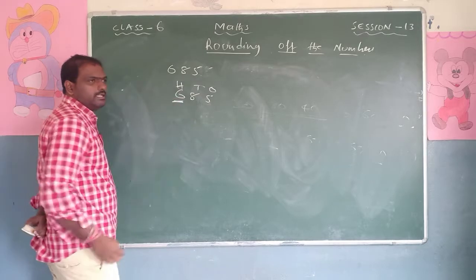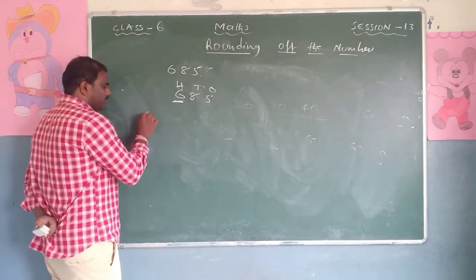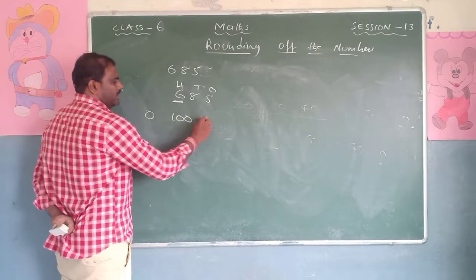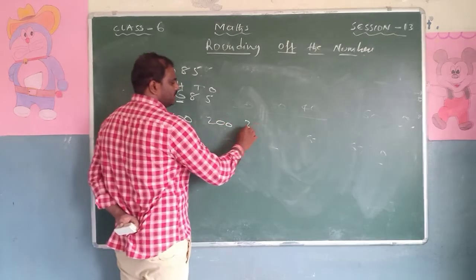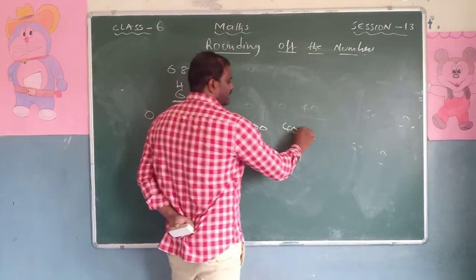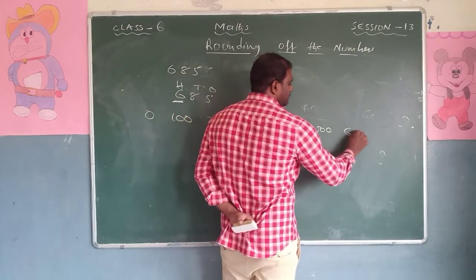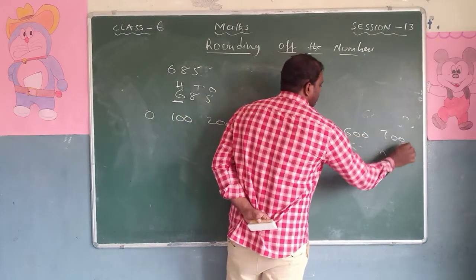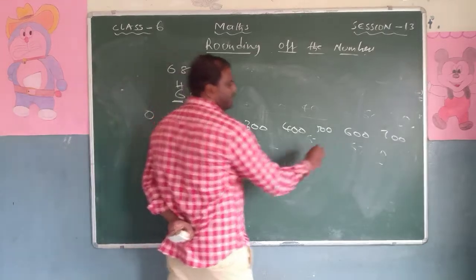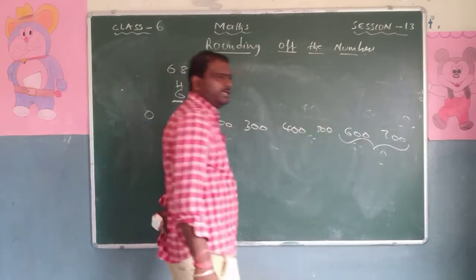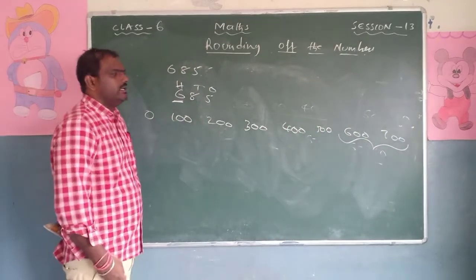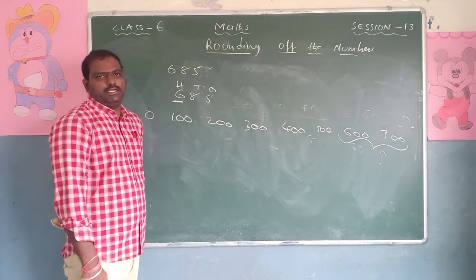How many hundreds are there? 6 hundreds. So first 0, 100, 200, 300, 400, 500, 600, 700. So 685 means this number will lie between 600 and 700.